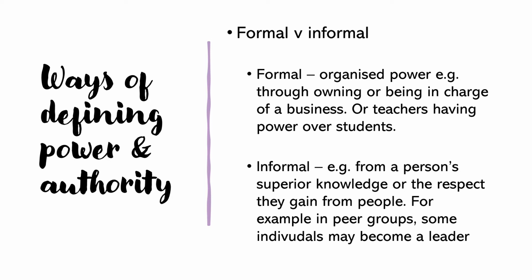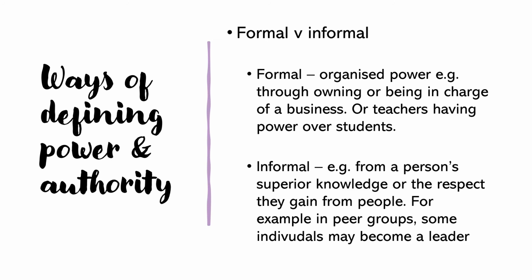Informal is when a person gains power not because they have a title or a job or a position, but because of the knowledge or respect that they gain. So an example of that might be within a peer group, you end up with somebody who tends to be the leader, somebody who tends to be sort of the trendsetter, the one that people follow.